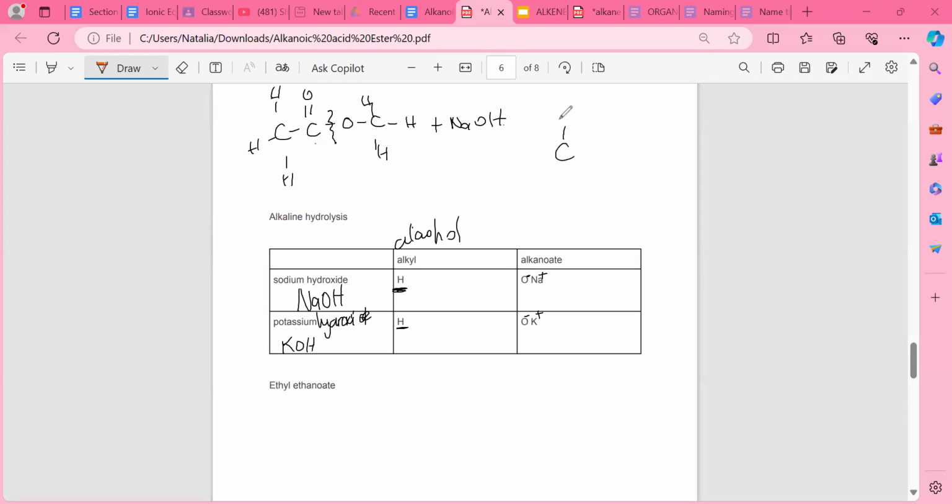So to that part, what do I add over there? O, Na. And to the alcohol part, I'm going to add back the H. Clear?